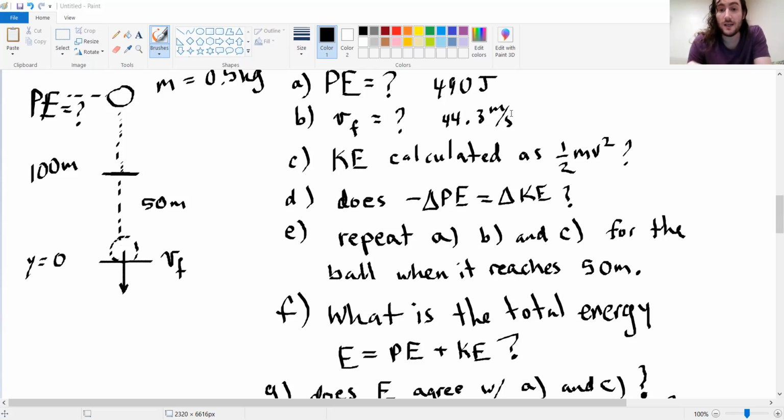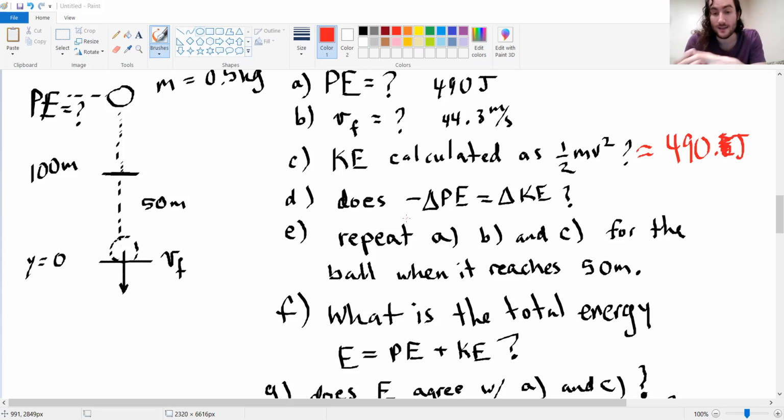It should be a little bit different than the 490 joules because you rounded your velocity. But if you use your exact velocity, you will get exactly 490 joules. So we calculate it as 1/2 mv squared, and we get approximately 490.6 joules. But of course, we know it should be exactly 490 because of part D, right?